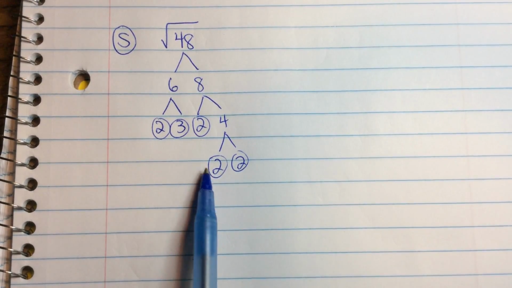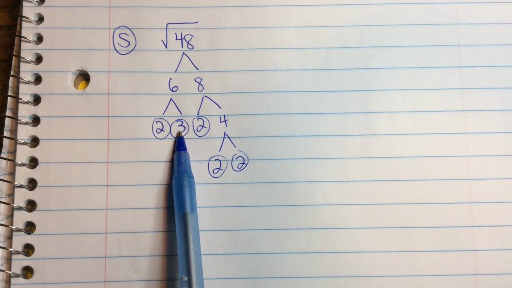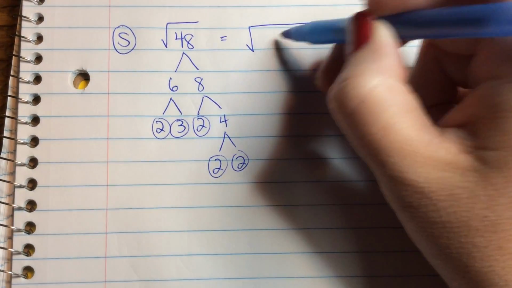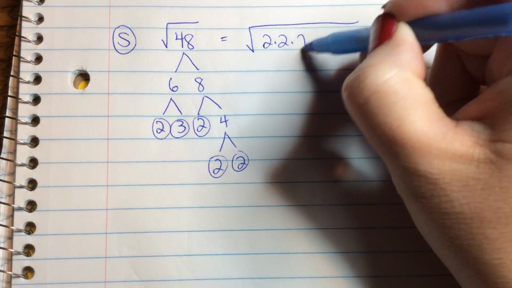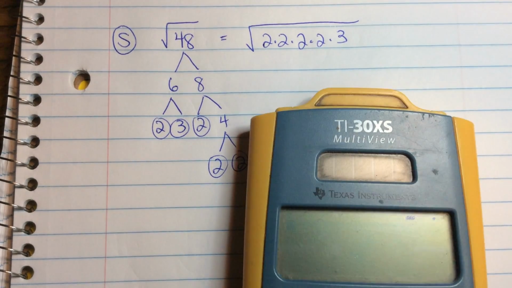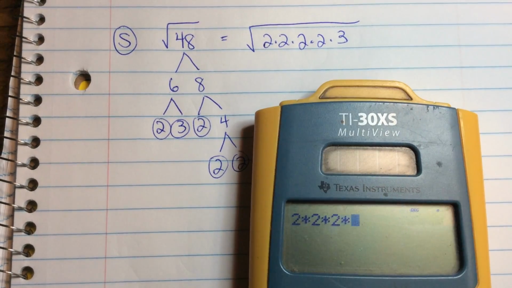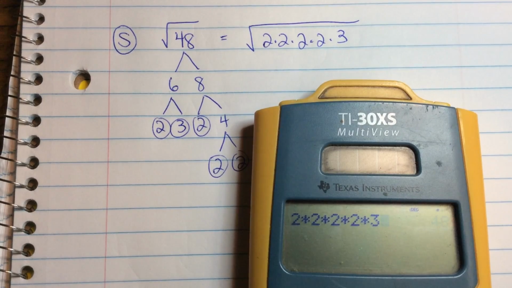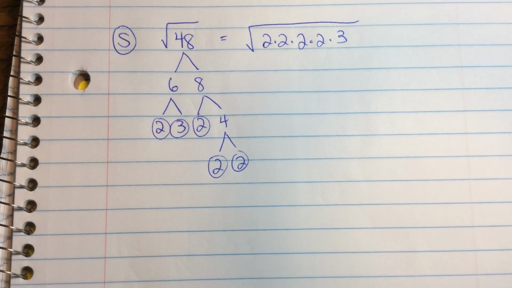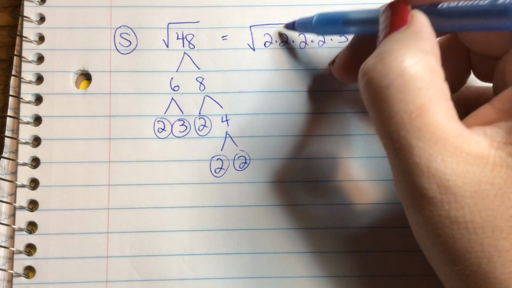So look at what I have. I have four 2s and one 3. So I'm going to write it out, and then I'm going to check myself to make sure that I am correct. So 2 times 2 times 2 times 2 times 3. And it does equal 48, so I'm good. I'm looking for pairs.